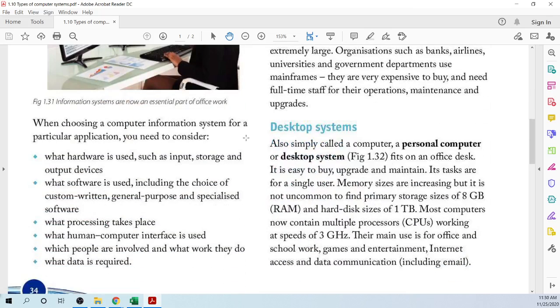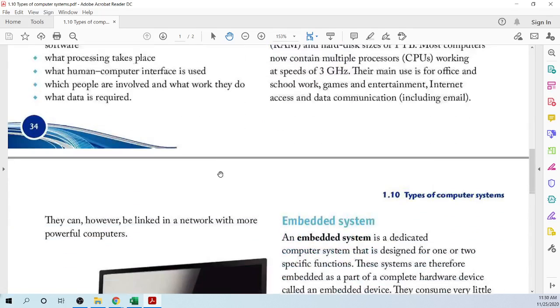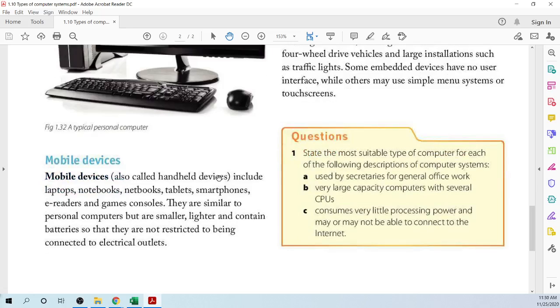Contrast that now with a desktop computer. It has smaller RAM, storage, and so on compared to a mainframe because it is only being used by one person at a time. So it doesn't need all of those high components as a mainframe. Now, a mobile device is much smaller and more portable, and that's why persons might make use of it.